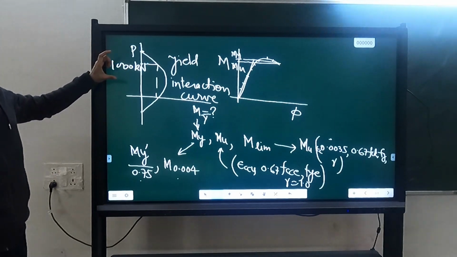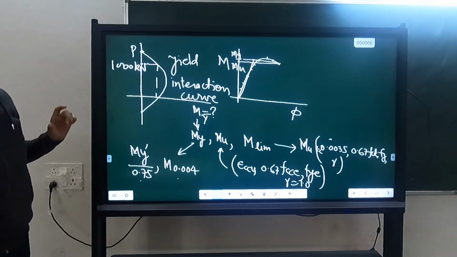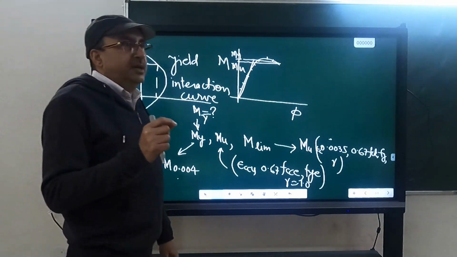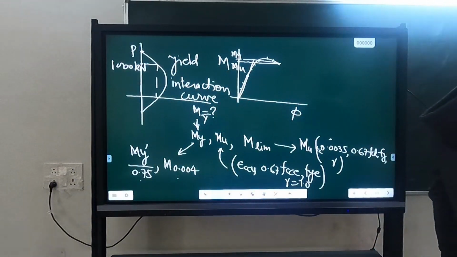I have given in terms of AG FC dash. AG FC dash is the axial force which concrete alone can take. So naturally the total capacity will be more than that, because steel is also there. Steel I will come to know only after design. Although in that question I have given it, in reality the steel you will come to know after design. So that's why it is traditional.